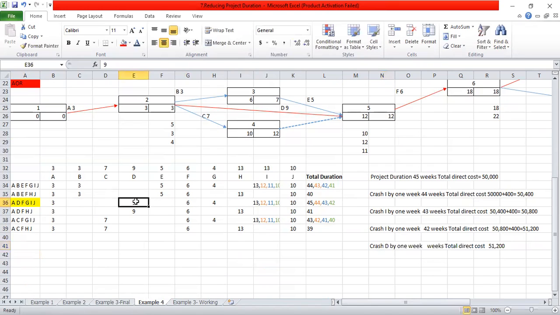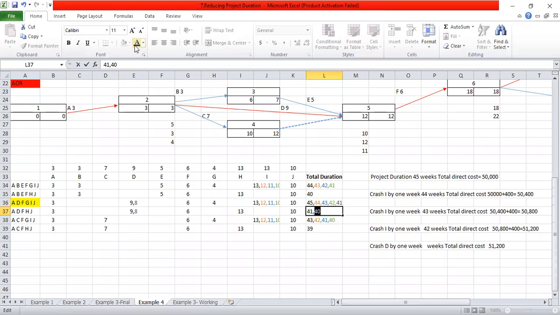So crash D by 1 week. It should be 8 here. So now the value is 41. Again 8. So the value is 40 here.